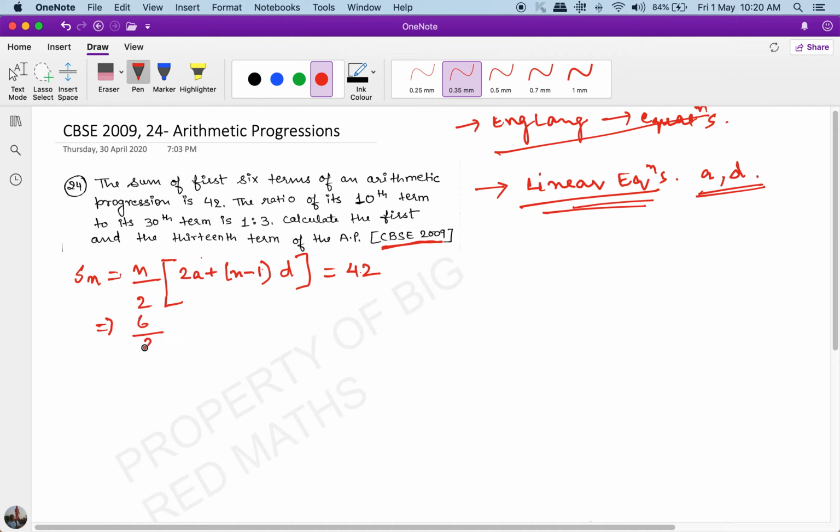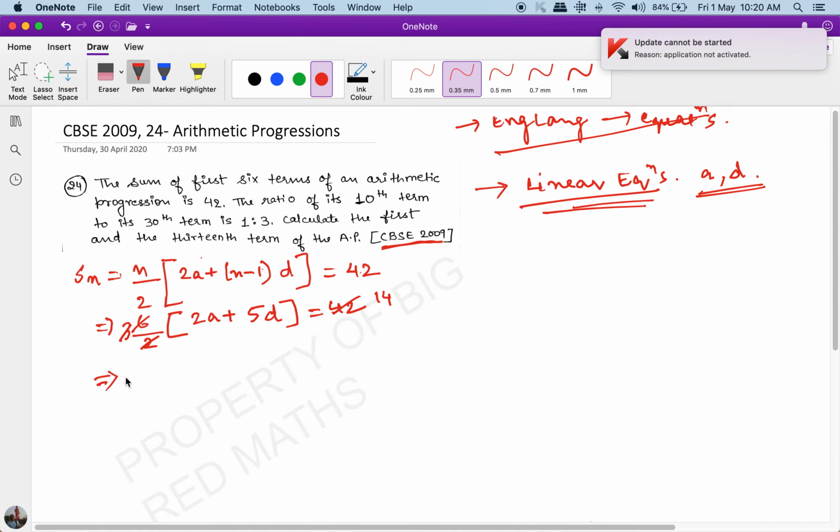I put n is equal to 6. 6 by 2 multiplied by 2a, I don't know a, which I have to find, plus 6 minus 1 is 5, and d, I don't know d also, I have to find, is equal to 42. And this simple calculation becomes 2a plus 5d is equal to 14. Okay, this is my equation 1.